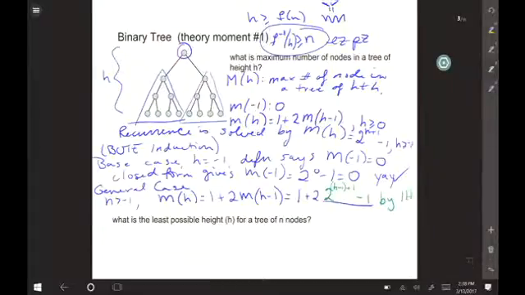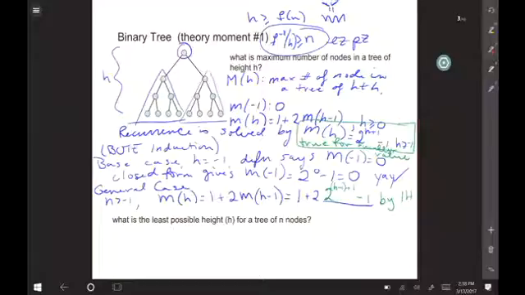And that comes from the assumption that the theorem holds for smaller values. So this is true for smaller values. Is h minus 1 smaller than h? So we get to use it.